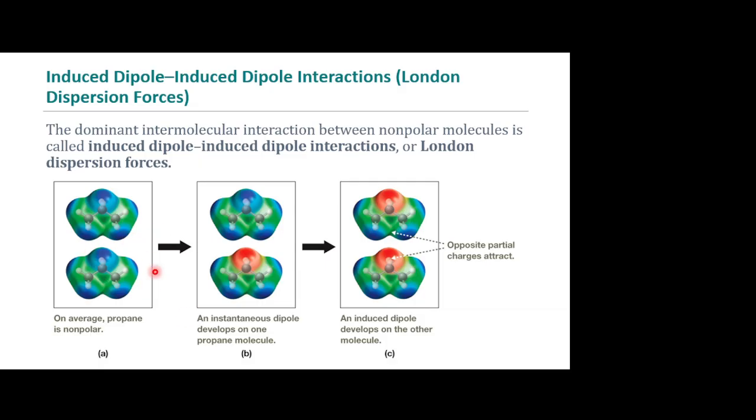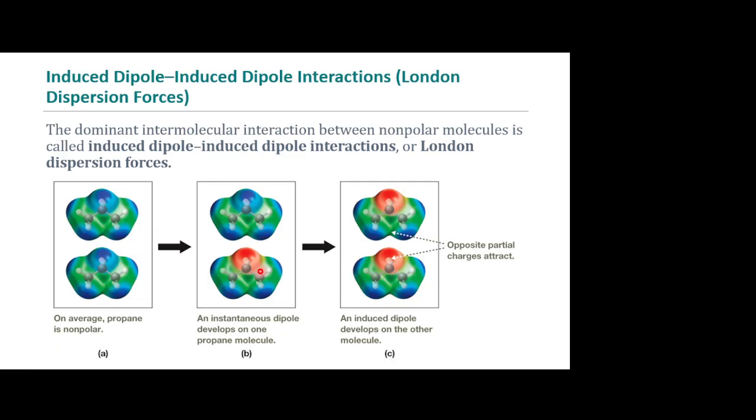And so if we look at propane, what we'll see here is that propane is what's considered usually nonpolar, right? It does have very tiny poles, but they're not really significant. You can see them right here, actually, in the blue and green. They're just very minor, okay? But what happens is, again, you have an instantaneous dipole that will develop.